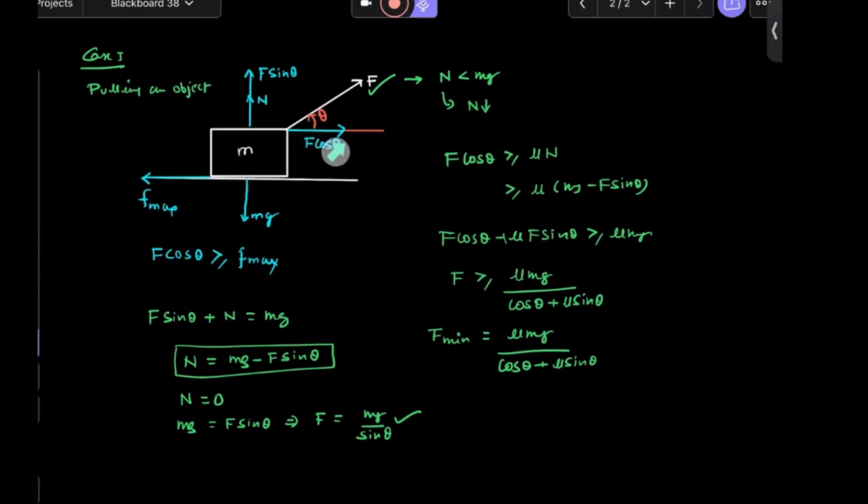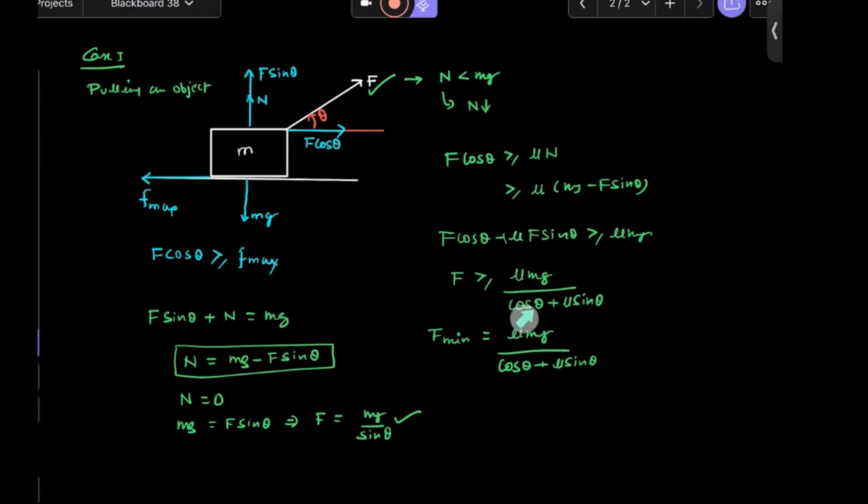So one component of force F sine theta is reducing the normal contact force, and the other component is the one acting against friction so that the block can be dragged on the rough surface. For this block to be able to slip, F cos theta should be more than or equal to F max. F max will be mu times the normal contact force. Solving it, we got F must be more than or equal to this.